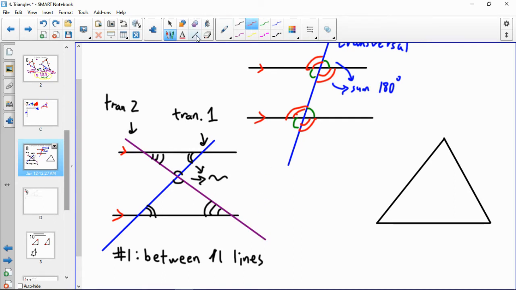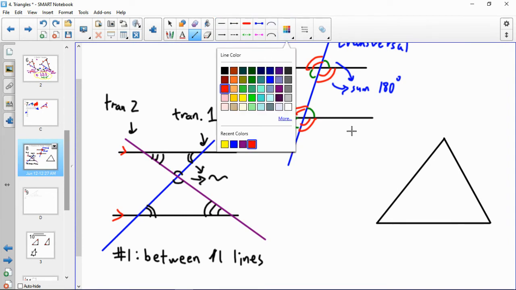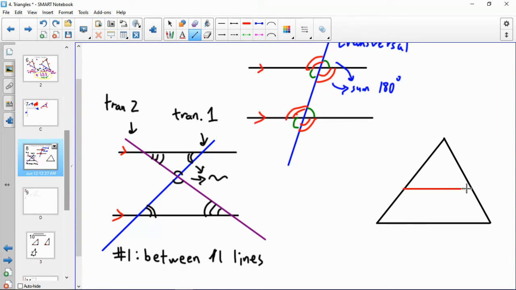Another situation where you're going to deal with similar triangles is called a side splitter, which is when you have a triangle and you draw a segment or line through the triangle that is parallel to the base of the triangle.